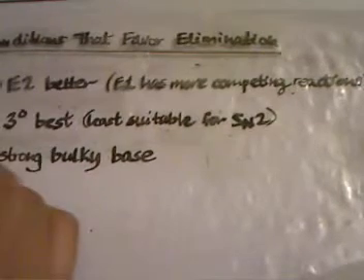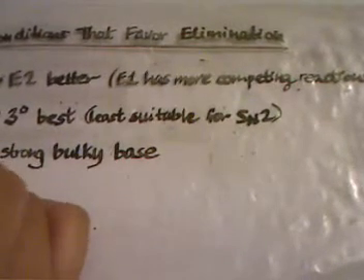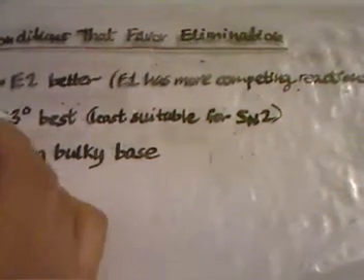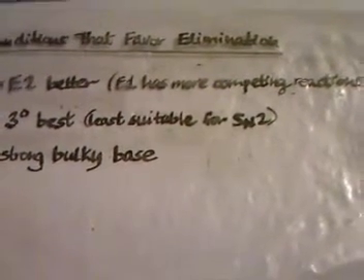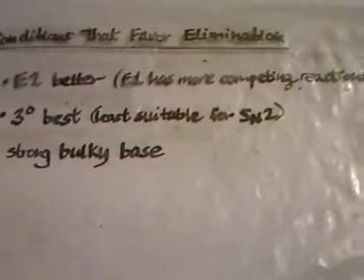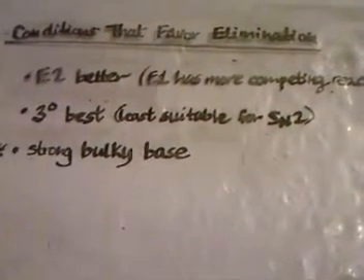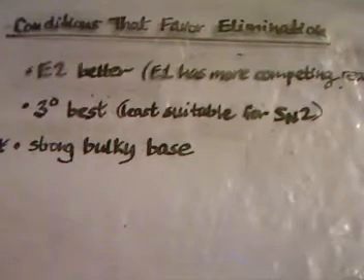And this point is especially more important when the substrate is not tertiary. For example, a secondary alkyl halide or any secondary substrate. Those are the most difficult to predict, the reactions.